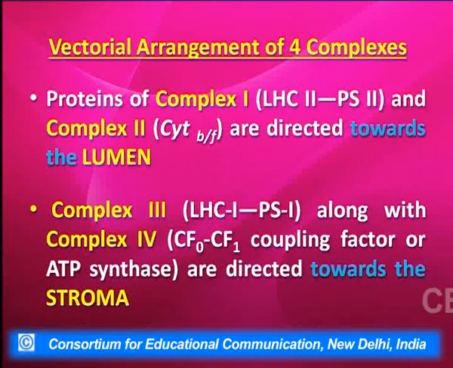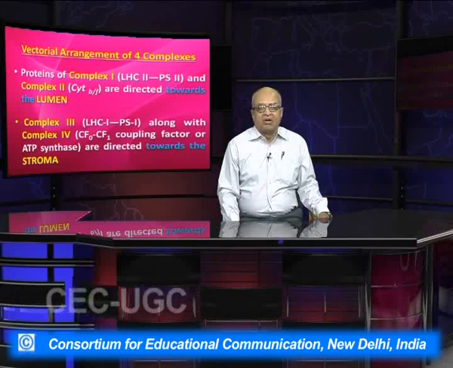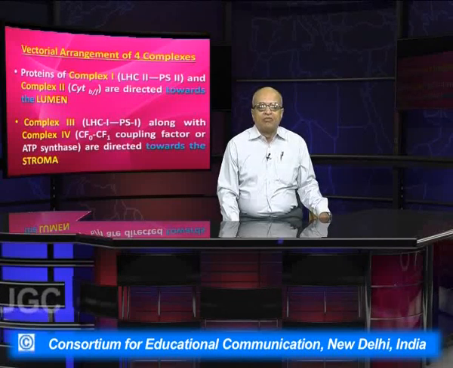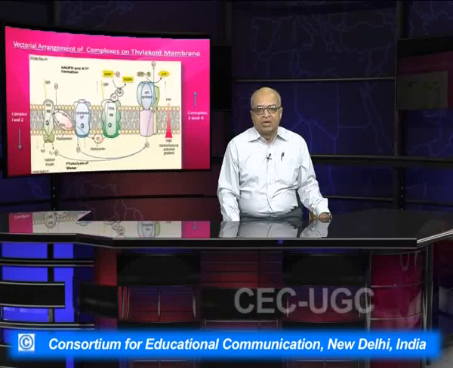They are directed towards the lumen, along with those of complex 2, which is the cytochromes. On the other hand, complex 3, which constitutes the light harvesting center or the photosystem 1, along with the energy coupling site, which is complex 4, are present towards the stroma. So, that means there is a specialized vectorial arrangement of these 4 complexes on the biological membrane.